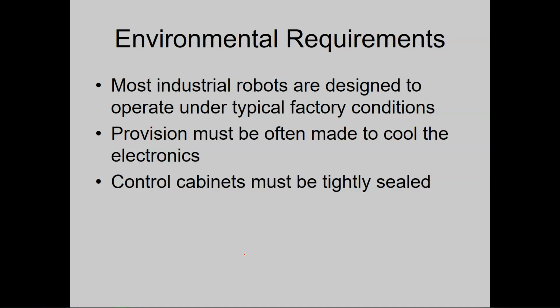If you don't make provisions to protect electronics from that, that heat can actually cause the solder that holds the electronic components to their boards to melt, and you lose connection. That is not a good thing for those of you who don't understand what I'm talking about.